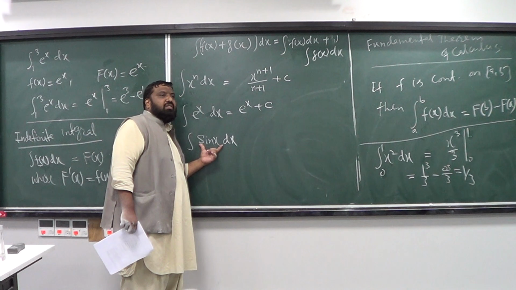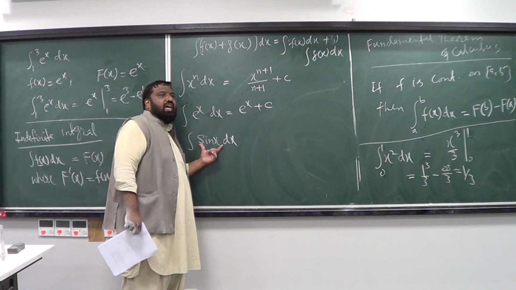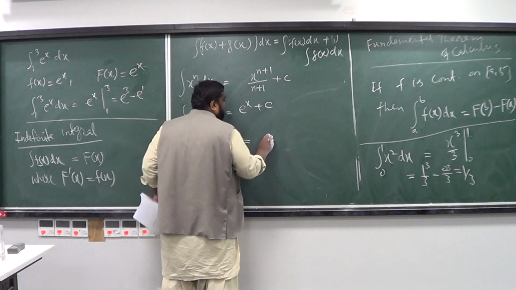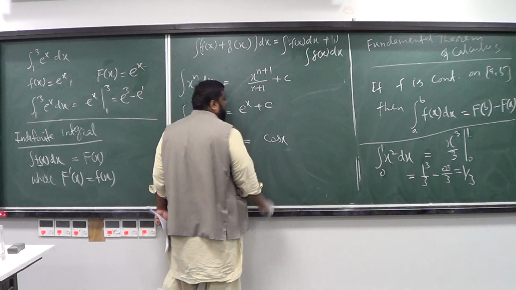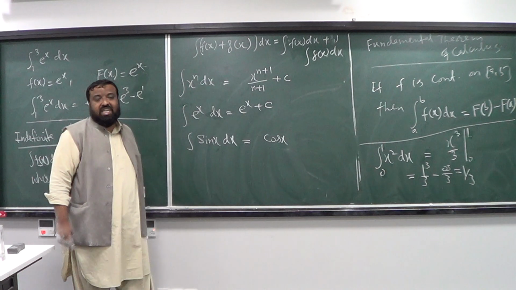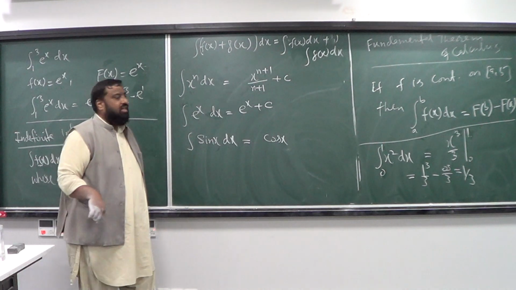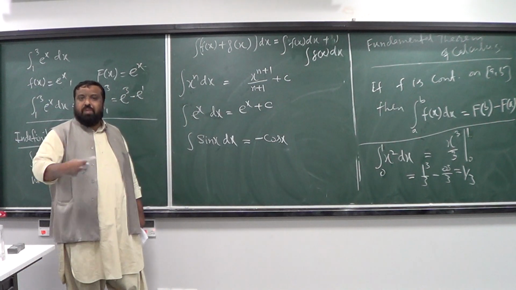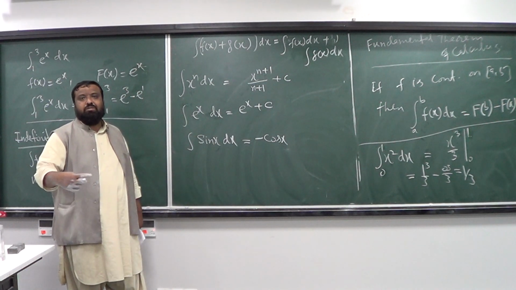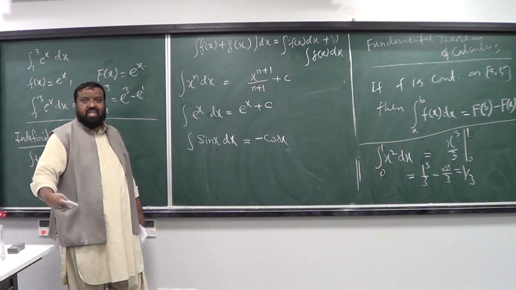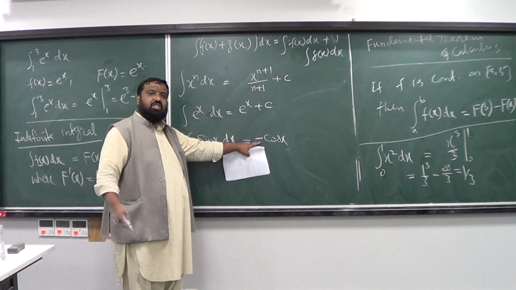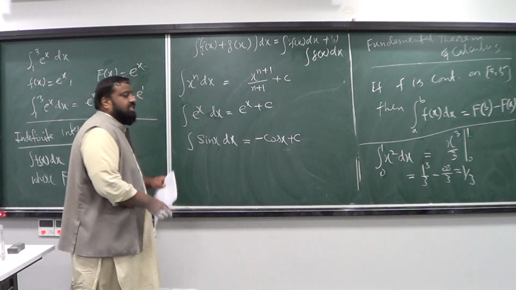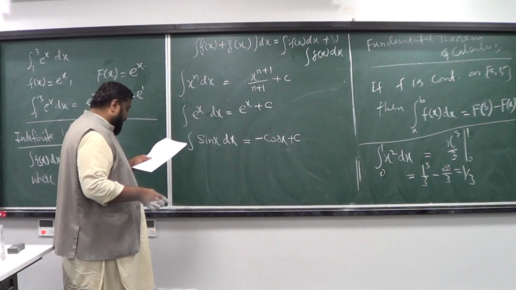I know that if I differentiate cos x, I get minus sine x. So if I differentiate minus cos x, it is going to be plus sine x, because the derivative of cos x is minus sine x, and minus multiplied with minus is plus. So the antiderivative of sine x is minus cos x.